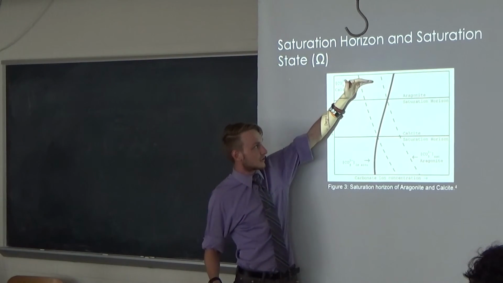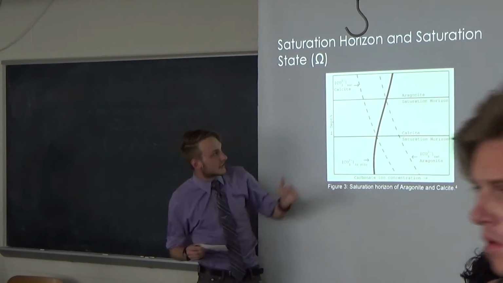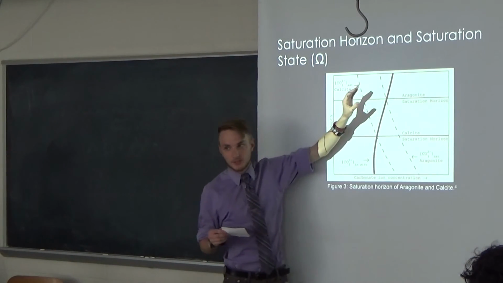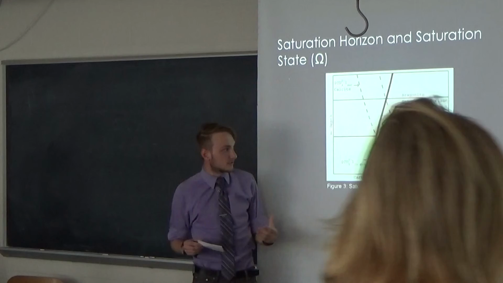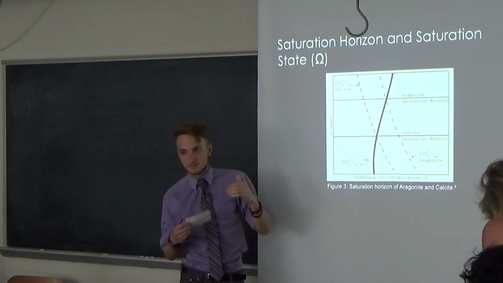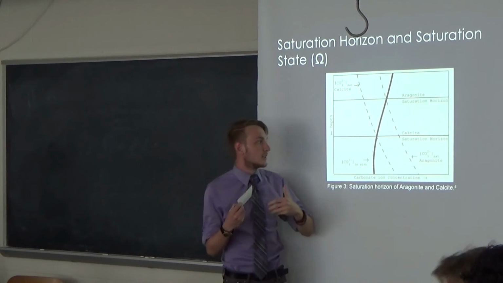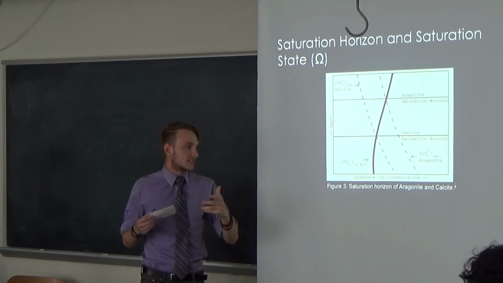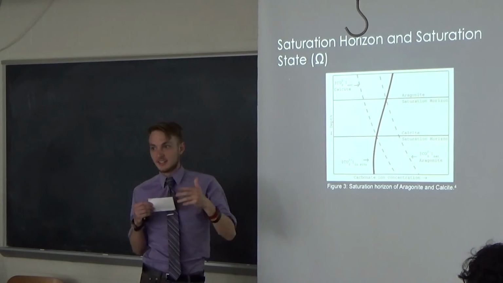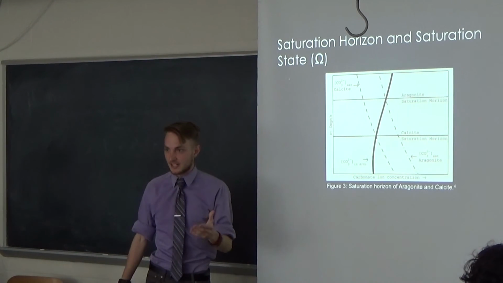Above the saturation horizon is where the saturation state is greater than 1, and above this, marine organisms can use aragonite to make their shells, but below it they can't. Now, as I said before, aragonite is more soluble at equilibrium, so it's expected to be less affected by acidification than calcite, because it has a shallower saturation horizon.